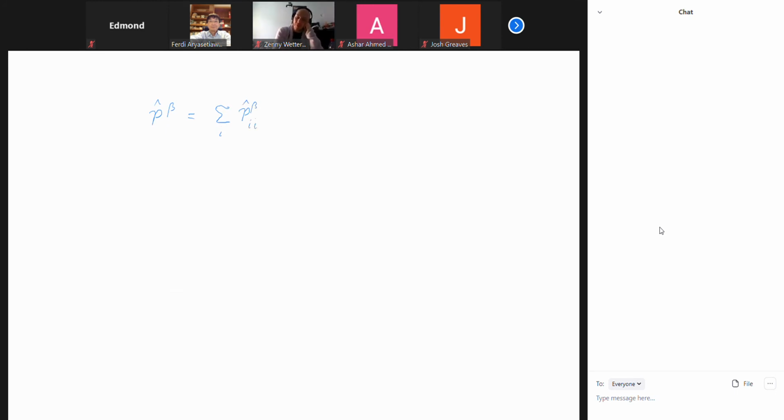Then this is equal to l beta divided by h, sum over the group elements g, chi beta star of g, T g, like this.